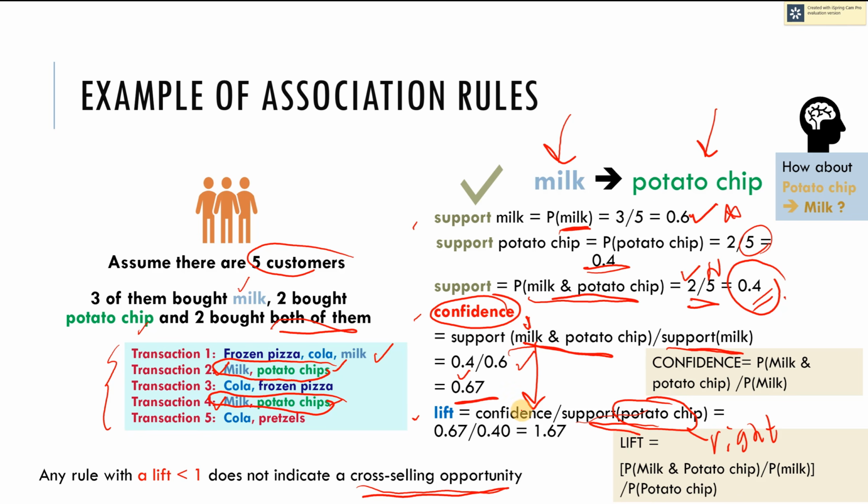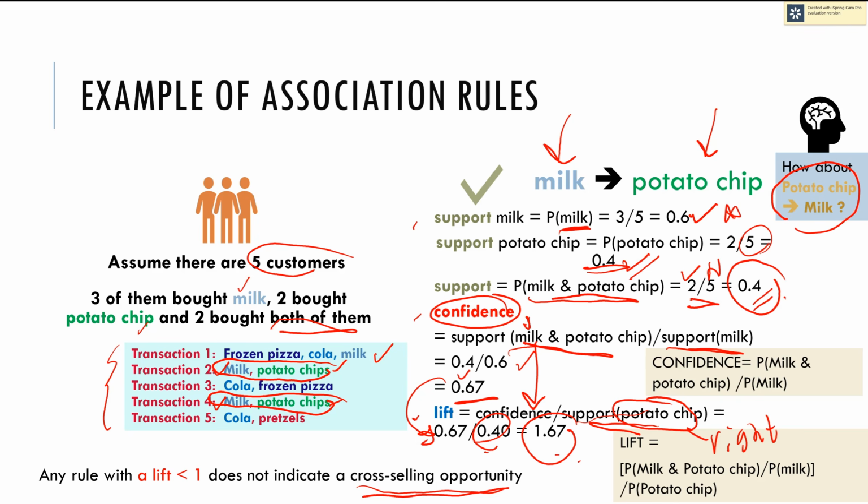The confidence is 0.67, while the support of potato chips is 0.4 here. So you get 1.7. So you know that if you get a lift more than 1, it will be a cross-selling opportunity.